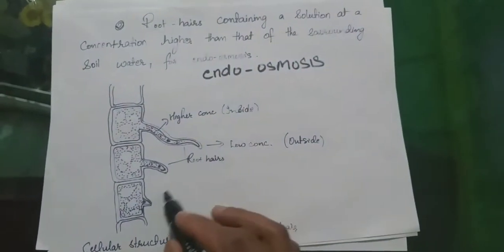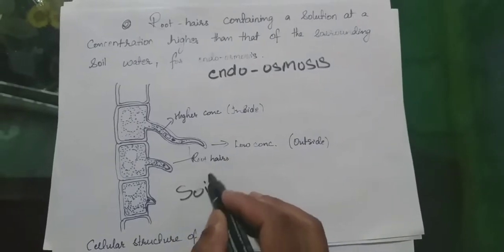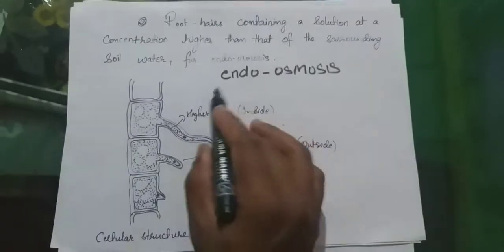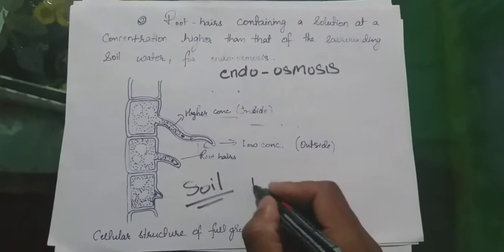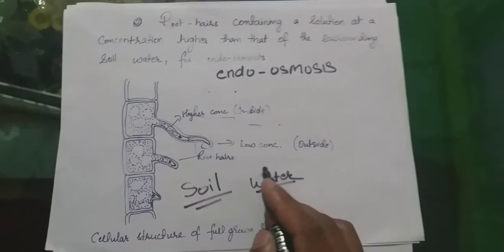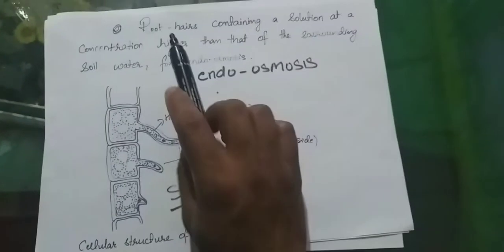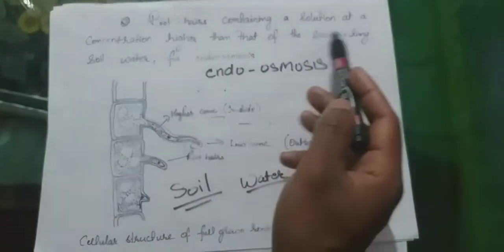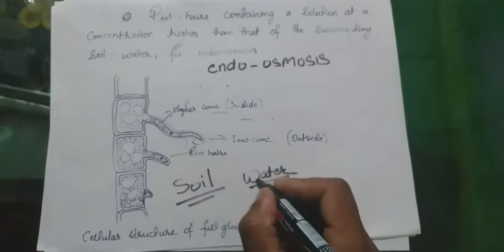Root hairs contain a solution at a concentration higher than that of the surrounding soil water. Suppose this whole part is the soil, and we know soil contains water.